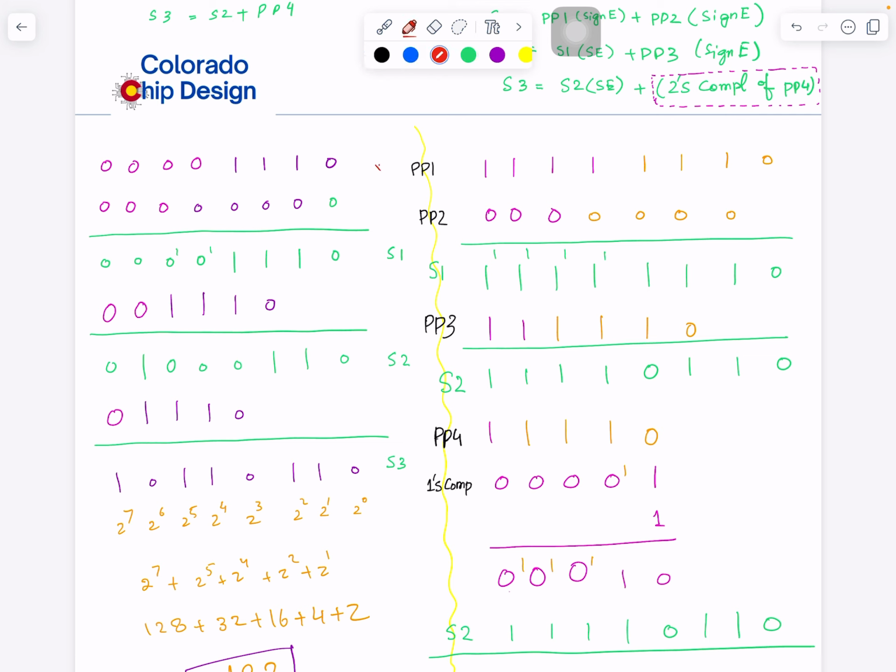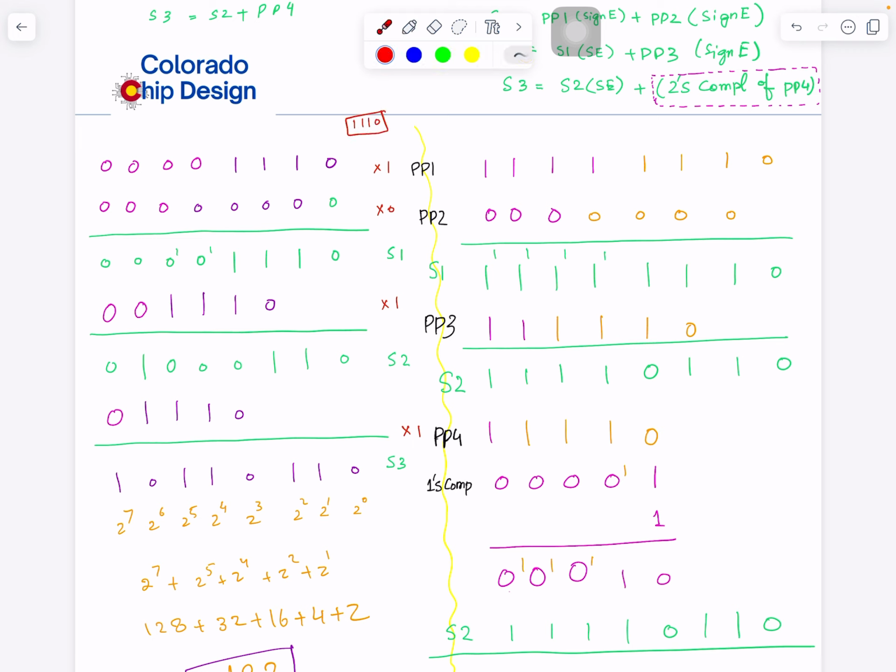This was multiplication with 1. This multiplication is 0. This is multiplication with 1. And this is multiplication with 1. Just for you to remember that. And our multiplicand is this.